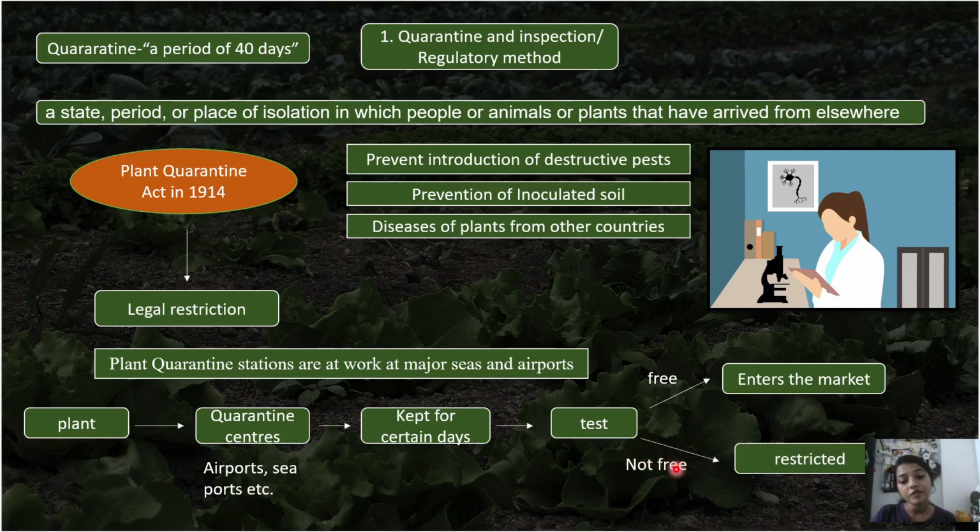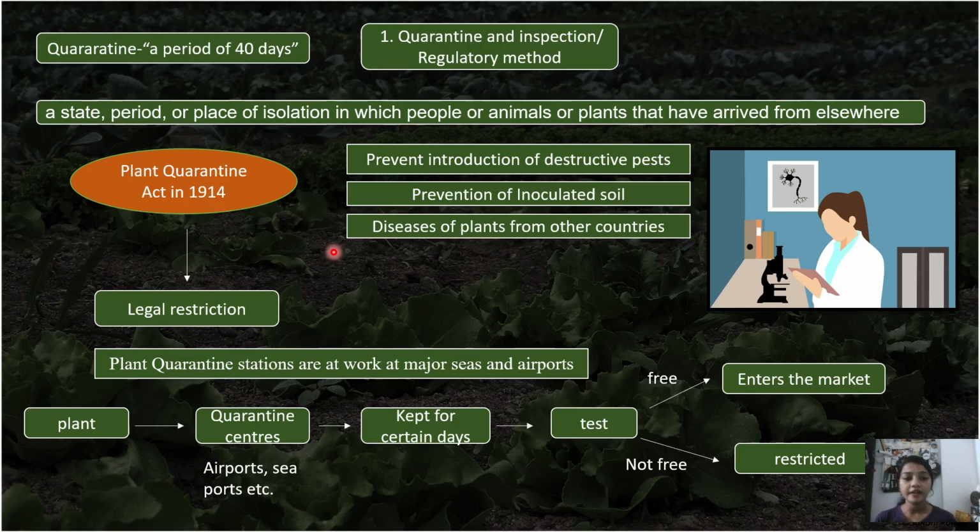But if after the test it is found that the plant material is not free from infection, then the plant is restricted there itself, it will not be allowed to move forward and it will be destroyed, right? Therefore the plant quarantine act, the rule of quarantine, was implemented, which ensures that disease does not come from outside into any country.